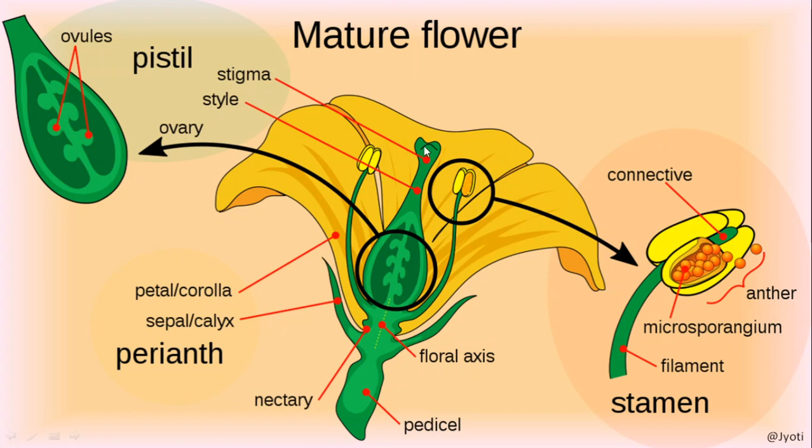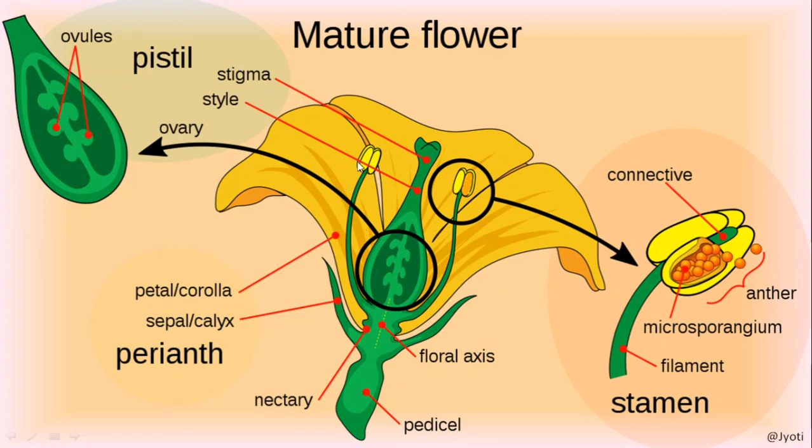The gynoecium is the female reproductive part, and its individual members are called pistils. So the group of pistils constitutes a gynoecium. So the gynoecium is the female reproductive structure which is composed of the pistils, which are also called carpels.